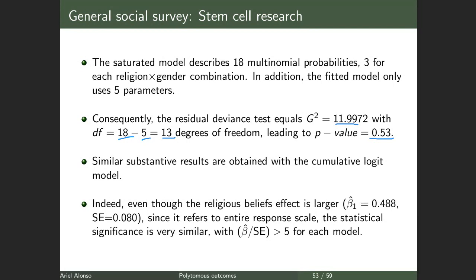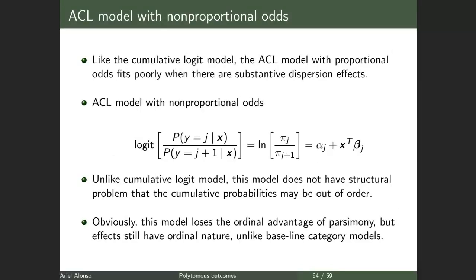Of course, the coefficient of religious belief will be larger because now you're modeling not comparing J with J plus 1, but comparing all values smaller or equal than J with the probability of having a Y greater than J. So the effect increases, but substantively, you get again a significant result for the effect of religious belief and gender.